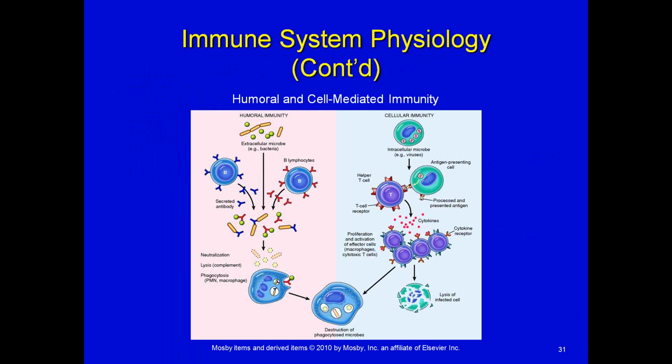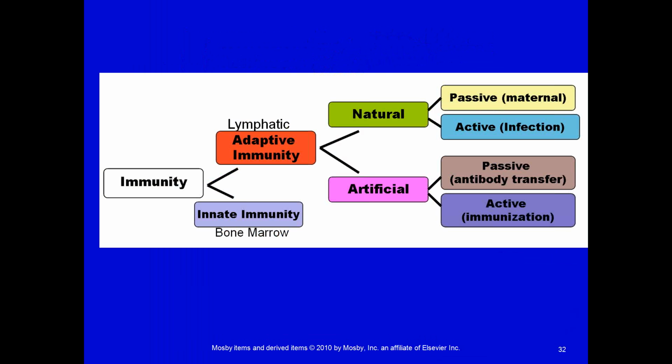So humoral immunity is the consumption of the bacteria by B lymphocytes, and cellular immunity is inside the cell. The virus is inside the cell, whereas with humoral immunity, the virus or the microbe is in the blood floating around. Okay?